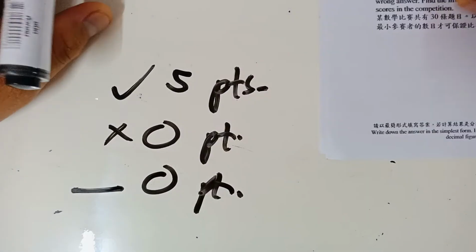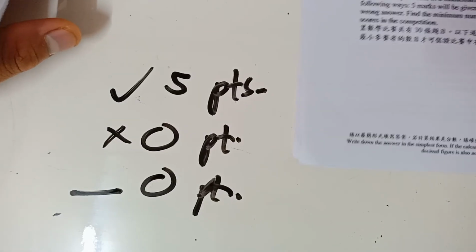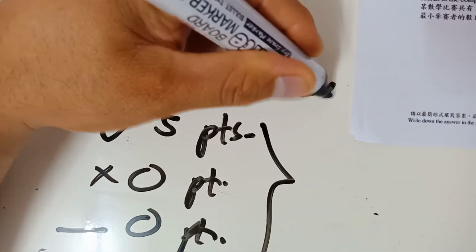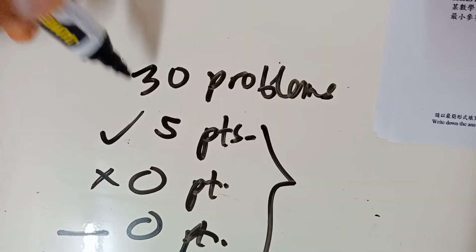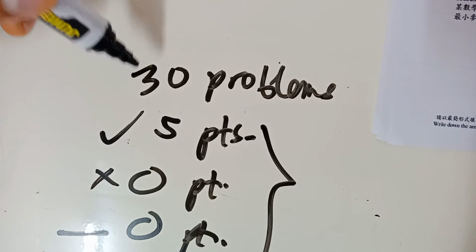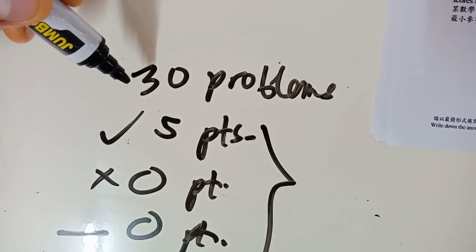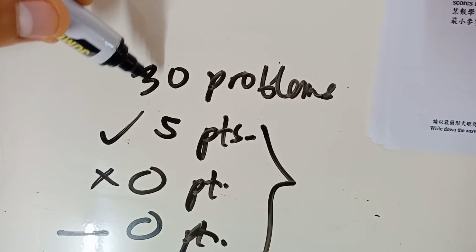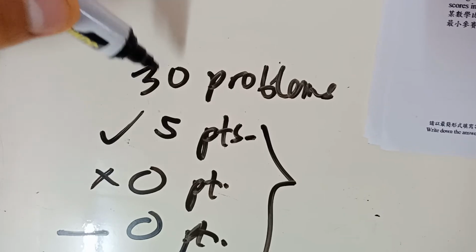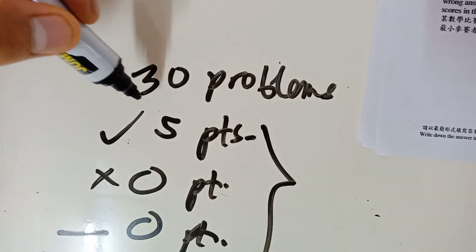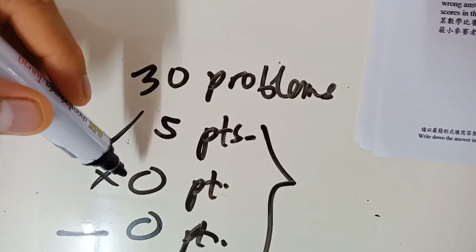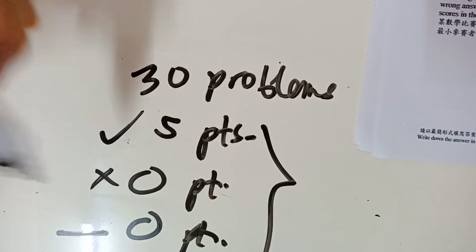It means that the number of possible scores, since there are 30 problems and 5 points each, is as follows. If you get 1 correct answer, your score is 5. If you get 2 correct answers, 10. So different numbers of correct answers give different scores. So that's 30 different scores. But if you don't answer anything or all your answers are wrong, you will get a score of 0. So that's another kind of score.